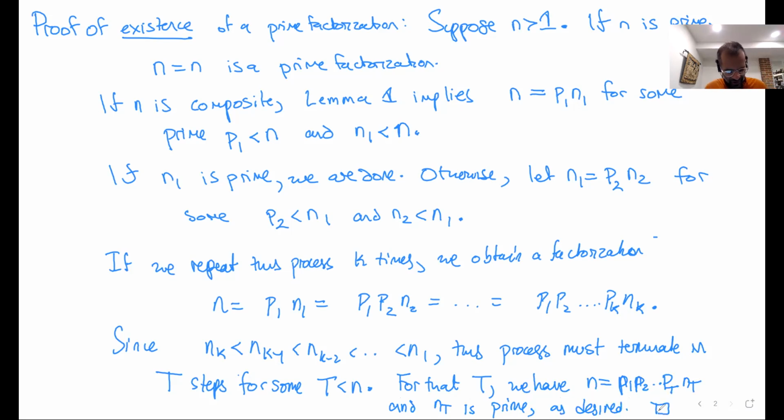Okay, so it's not a complicated thing. It's just a fancy way of saying you can pull out one prime factor every time. That decreases the number. If you do that enough times, you'll get a prime factor. That's a proof of existence.